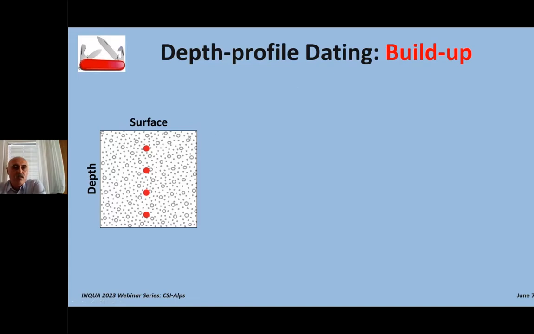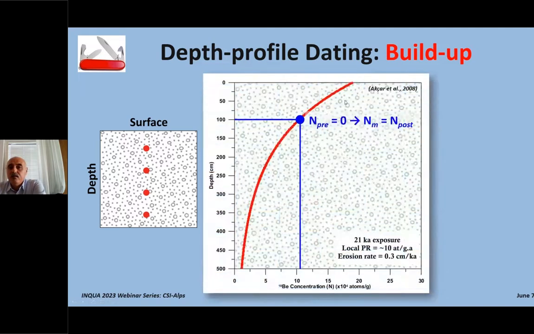What you could do is use the buildup of the different nuclides, and you need to have a surface top layer, a geological layer at the surface. Then you can get at least 4 samples in a layer and measure the concentrations.